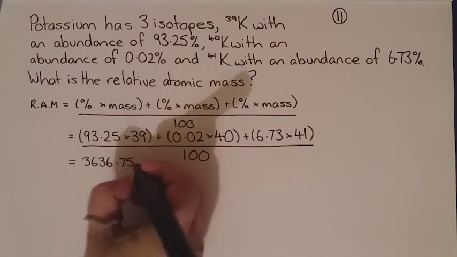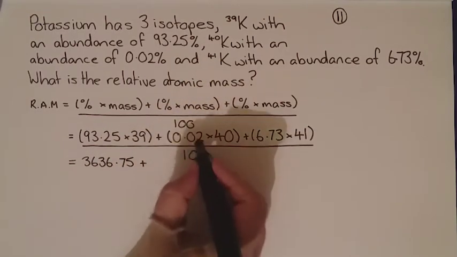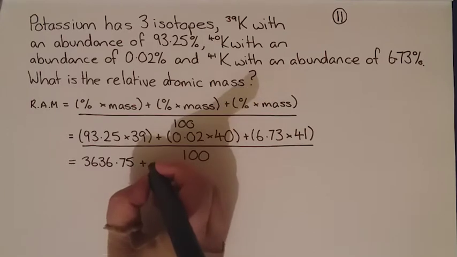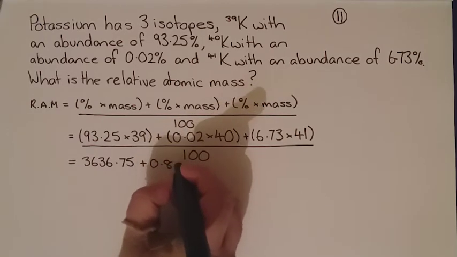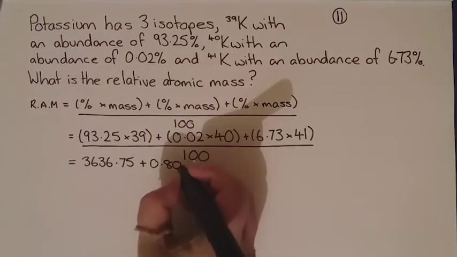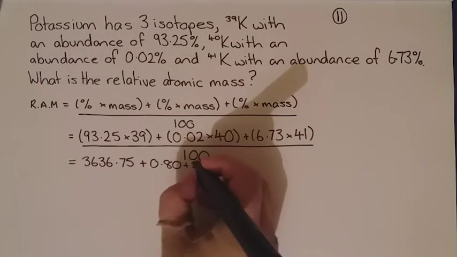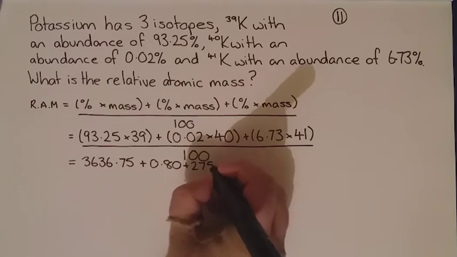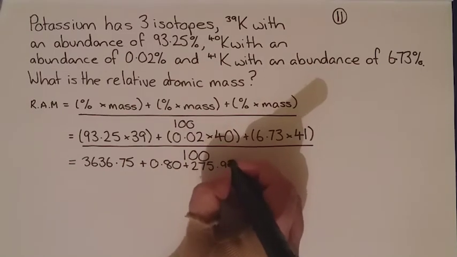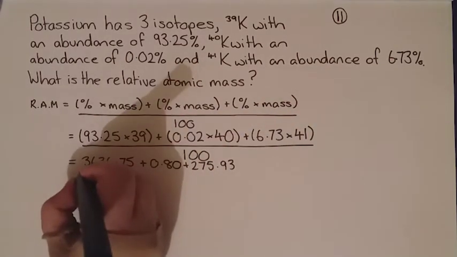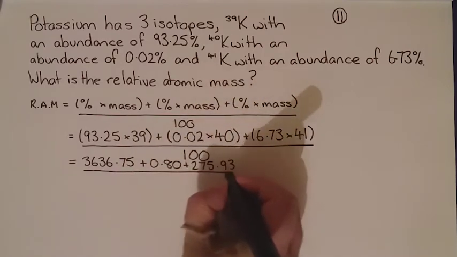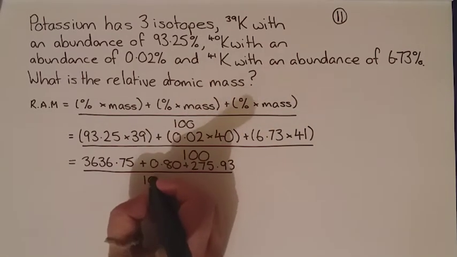3636.75, added to this times this, which is 0.80, added to this times this, which is 275.93, all still divided by 100.